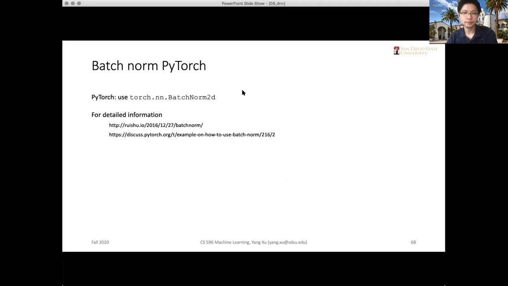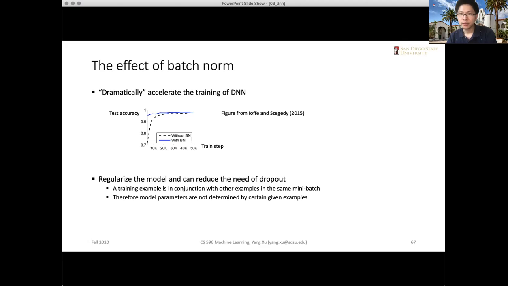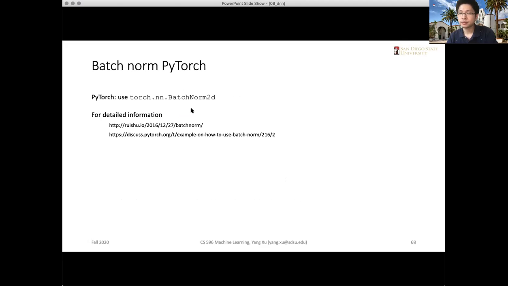Okay, and batch norm in PyTorch is also easy to implement. We don't need to actually implement anything. We just call the functions. But sometimes reading the documents is not that straightforward if we don't have previous experience.